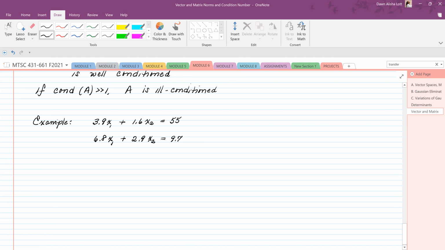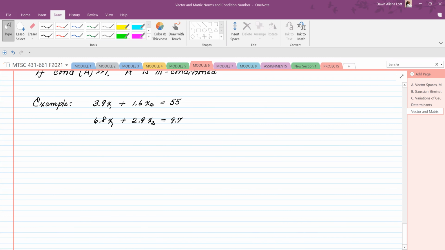So I want to solve this Ax equals b. Okay, so the matrix A looks like 3.9, 1.6, 6.8, and 2.9. Nice 2x2 system.